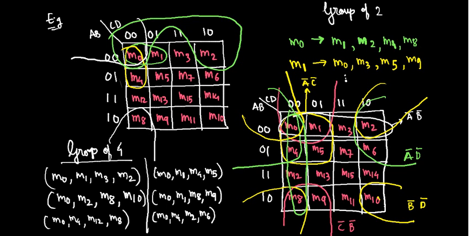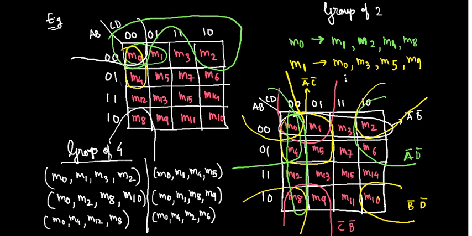Okay, what I'm saying is, we are making groups in powers of 2. We have seen how to make a group of 2's. We have seen how to make a group of 4's. If we need to make a group of 2 minterms, we should make sure that it differs in only one variable. Here we are considering a group of 4's. That means it should differ by 2 variables. Okay.